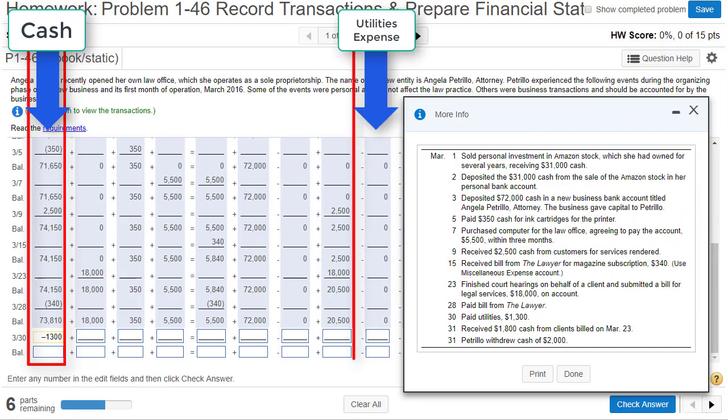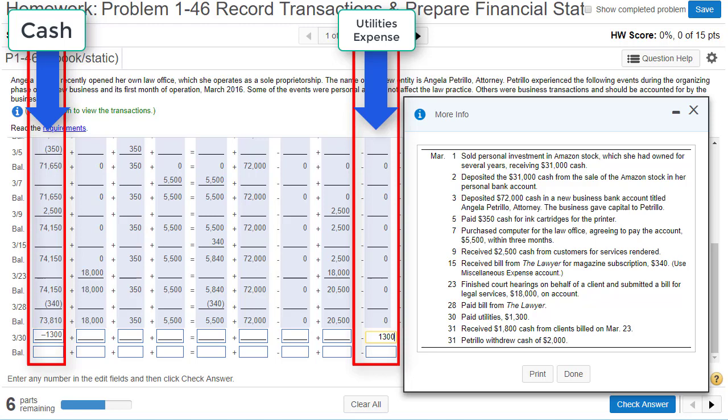This is definitely a utility expense, so I'll put $1,300 under utilities expense. And notice I did not put zeros in the unaffected accounts on the transaction row.